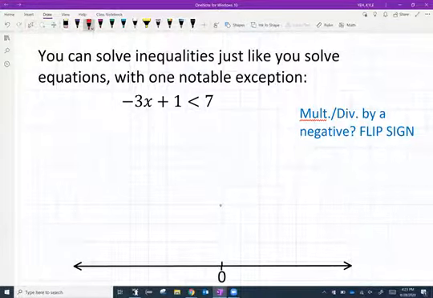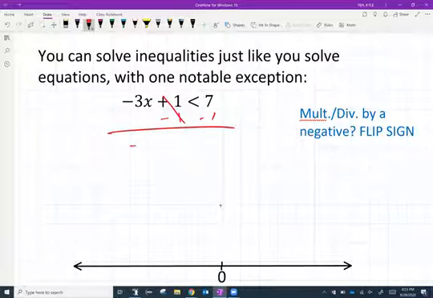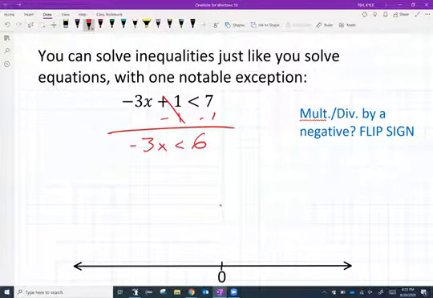negative 3x plus 1 less than 7, I'm going to start by subtracting 1 on both sides. We get negative 3x is less than 6. And for this first part, I'm going to pretend I forgot about this rule, okay? So I forget to flip the sign. I'm going to divide by negative 3.